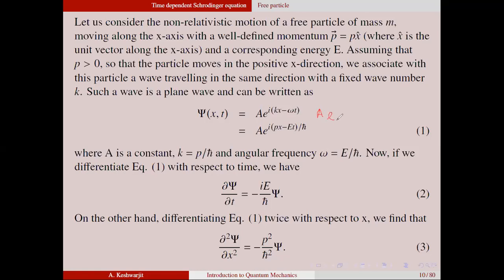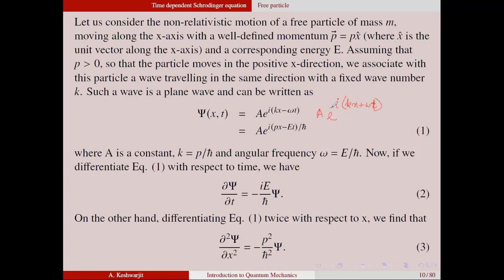It should be A e to the power i(kx plus omega t). This is a wave which is traveling towards the left. The sign before kx is plus, the sign before omega t is plus, and it is a wave traveling towards the left.